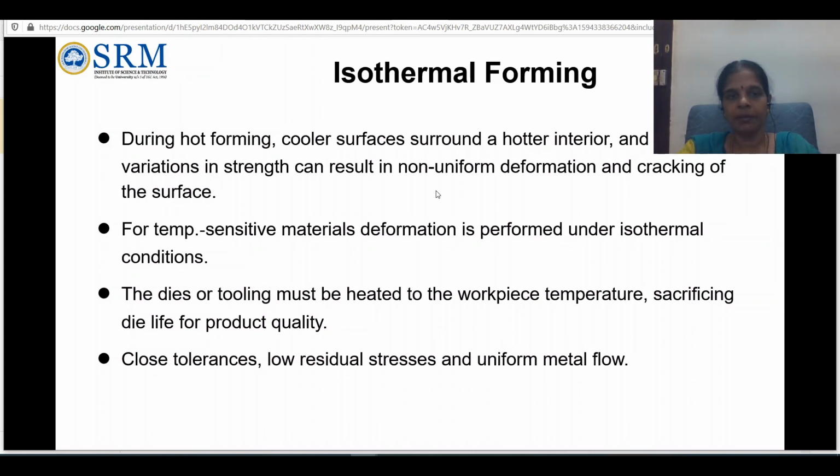To avoid that, the dies and tooling must also be heated to the work temperature, sacrificing die life. That is called isothermal forming, because you get a uniform deformation all around the environment.